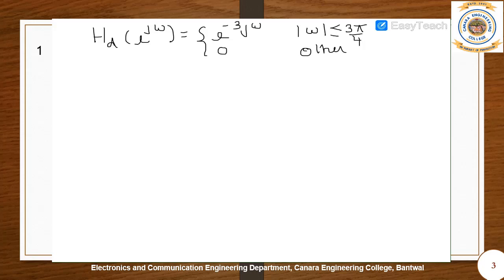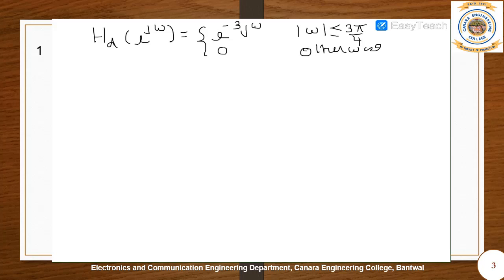given HD of e to the power j omega is equal to e to the power minus 3j omega, where omega varies from minus 3 pi by 4 to plus 3 pi by 4, 0 otherwise.